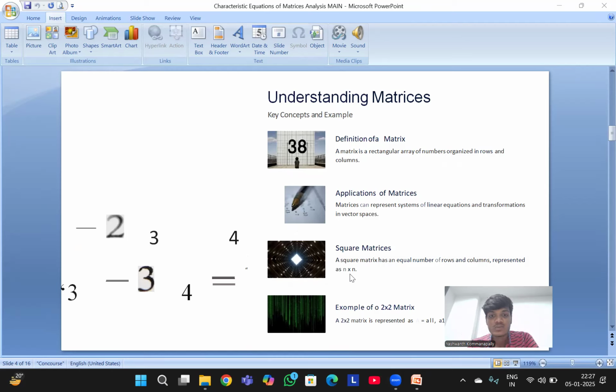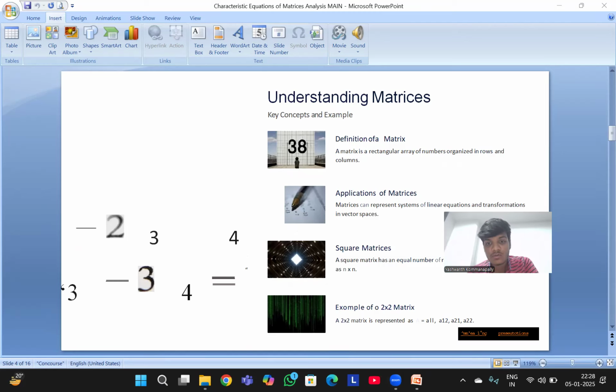Square matrix: a square matrix has an equal number of rows and columns. An example of a 2 by 2 matrix is given as a11, a12, a21, a22, which is one of the square matrices.